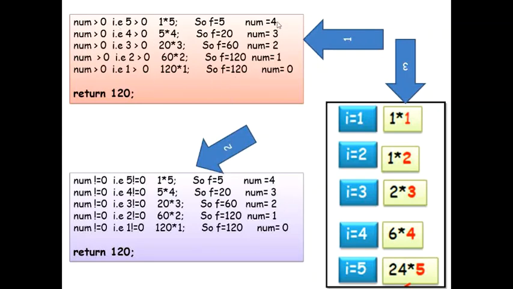For every value of 5 4 3 2 1, and similarly over here for every value of 1 2 3 4 5. This is 1 2 3 4 5 because it is i plus plus. This is 5 4 3 2 1 because it is num minus minus. So for every step you have an answer, and the final answer is computed because of each of these steps.